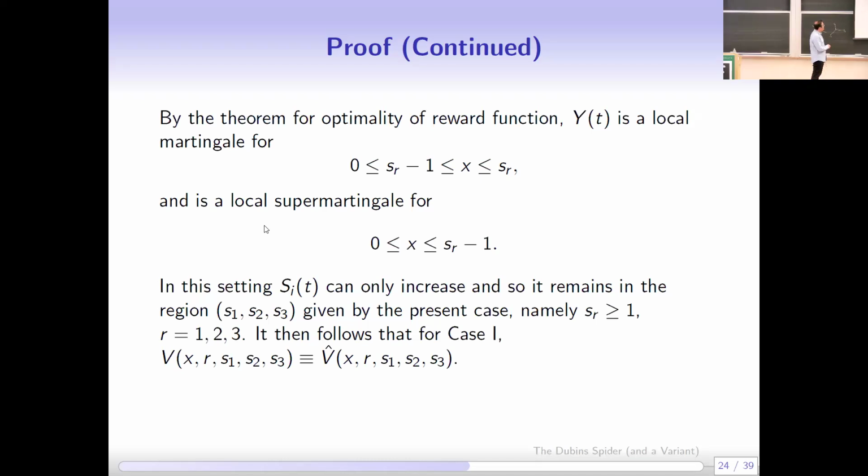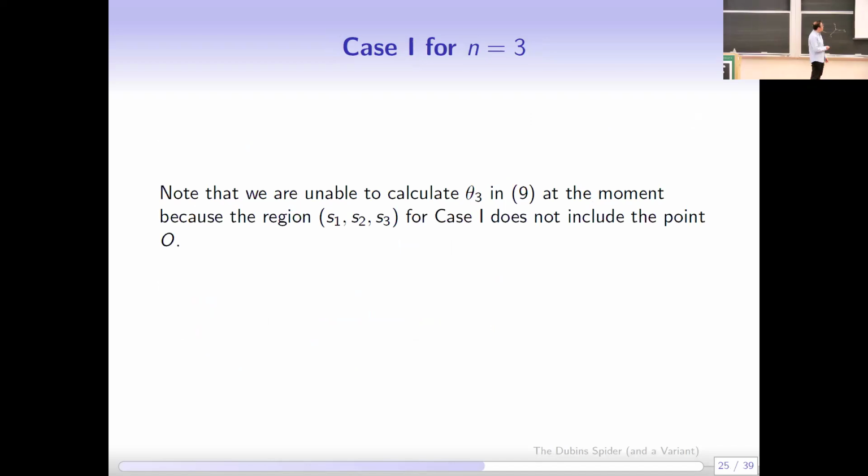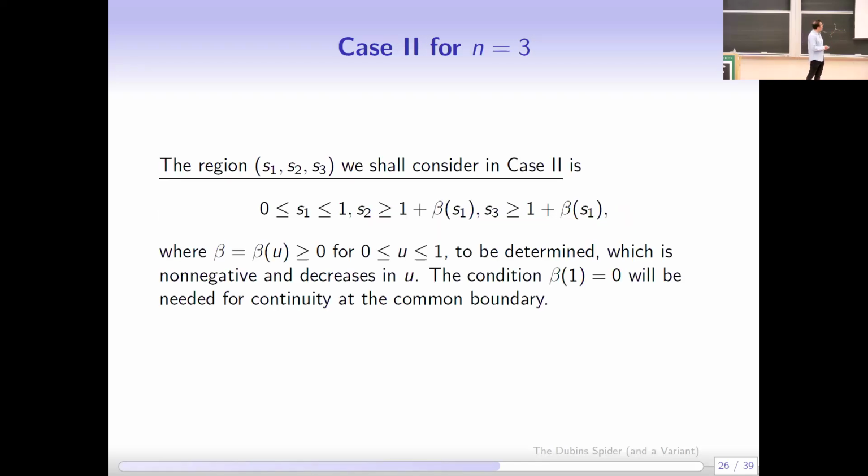You can conclude that yt is a local martingale here and a local super martingale here. And it therefore follows that in case 1, you've identified the optimal value function. The guess is the optimal value function. Of course, you're unable to calculate theta 3 yet because the region for case 1 doesn't include the point O at the origin.